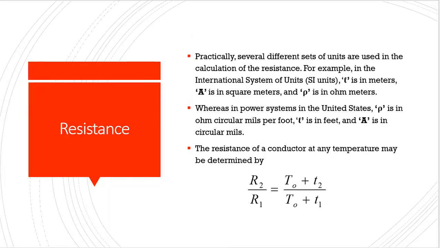Okay, so now, considering this, we can say that practically several different sets of units are used in the calculation of resistance, right. Whenever we calculate the resistance, there are several different sets which vary from country to country, or from continent to continent, or from the choice of the person, from specific areas or requirements.